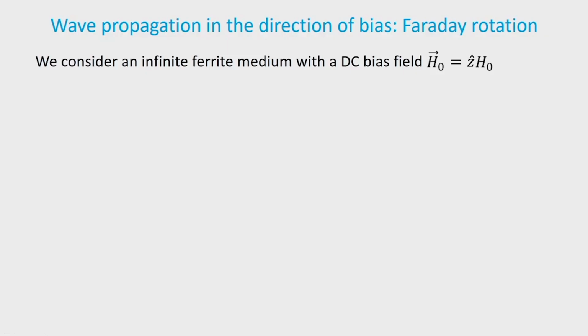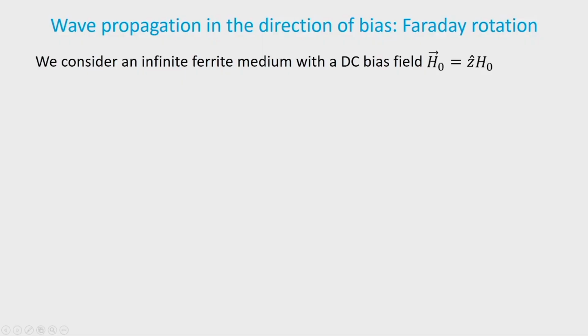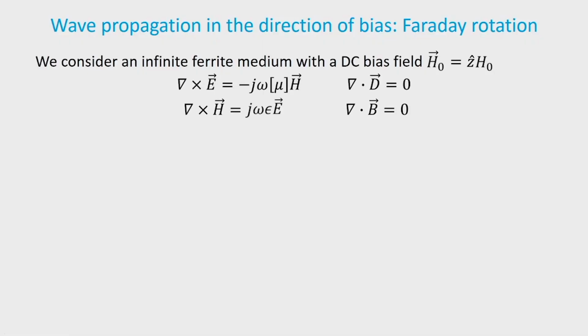So, let us first consider an infinite ferrite medium with a DC bias field H naught equal to z-hat times H naught. Now, we can write Maxwell's equations in this ferrite media, where we have included this tensor mu; the remaining equations are the same.